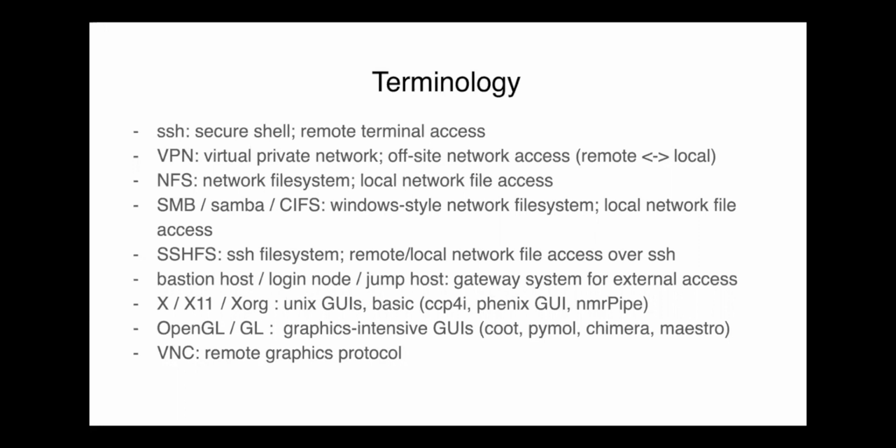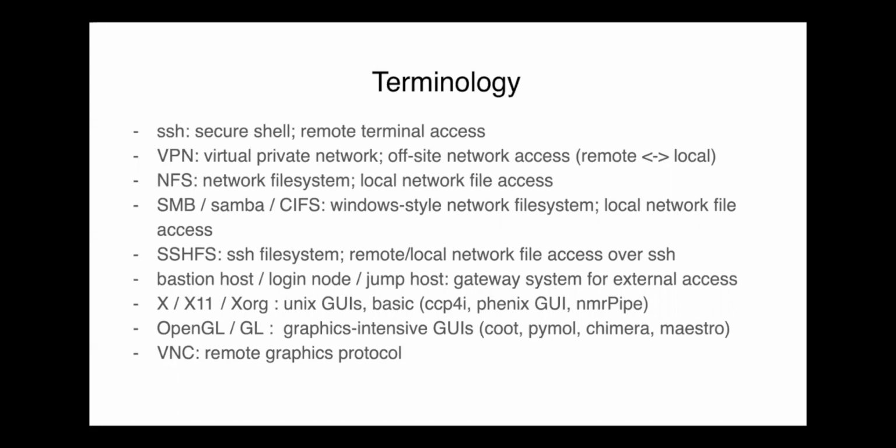So you use a single system that has higher security, that you don't run jobs on. You connect to this system over SSH, and then from there, you connect to the workstations or the compute nodes where you're actually going to be running your jobs. If you are using a VPN connection, then most likely you will not be going through a bastion host. But if you are not connected to a VPN, you'll probably need to go through one to get access to compute resources.